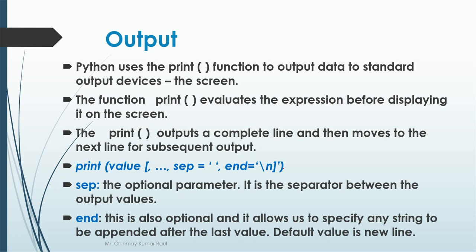Then we'll see about the output. Python uses the print function to output the data to standard output devices, the screen. The function print evaluates the expression before displaying it on the screen. The print outputs a complete line and then moves to the next line. Automatically, by default, it goes to the next line.